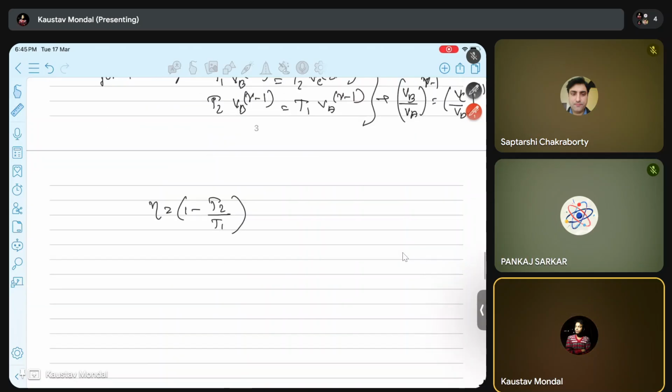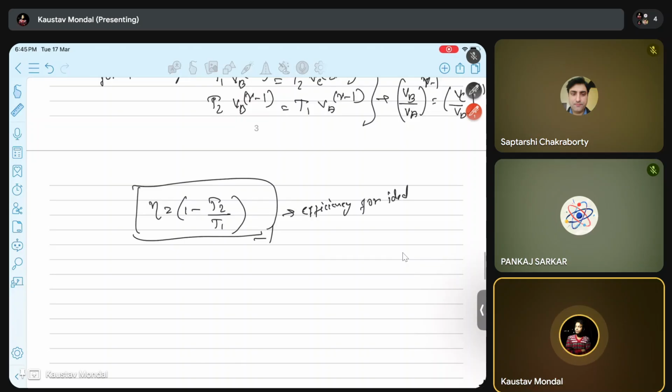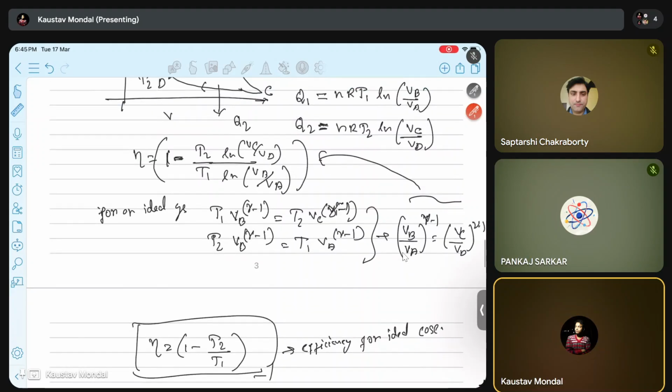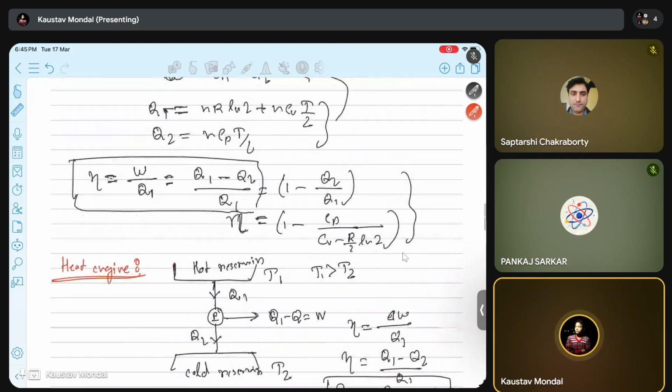Yeah, this is the efficiency for the ideal case. Okay, or you can say the maximum efficiency for a heat engine or Carnot engine.